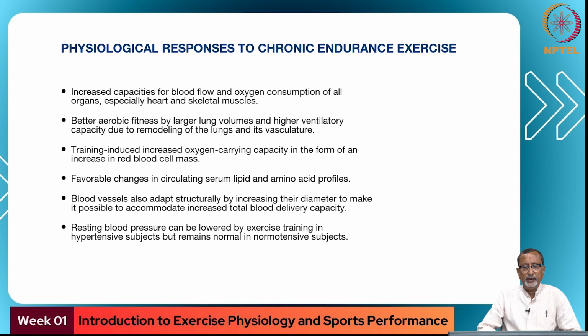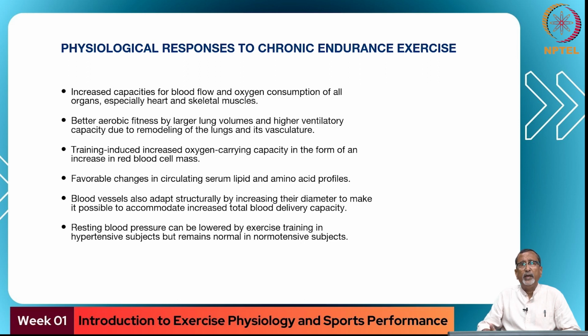Favorable changes occur in the circulating serum lipid and amino acid profile, because it is quite evident that when you do that kind of exercise, particularly your HDL level goes up, and there is a dose response of HDL.